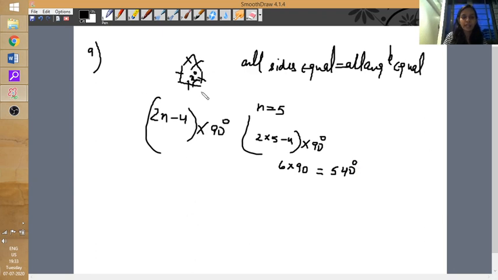Now I have to find out x, meaning I can find any one angle. All angles are equal only, so I find one angle. So what will I do? Total 5 sides, so 5 angles. So what can I do for x? x is equal to 540 divided by 5. When I do that, I get my answer, 108 degree. So your x is 108 degree.